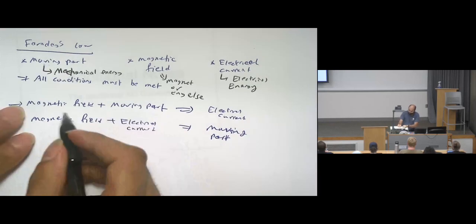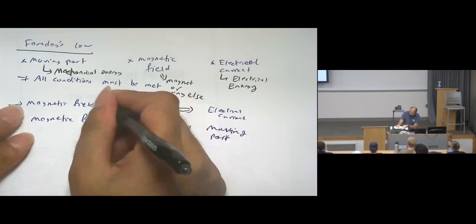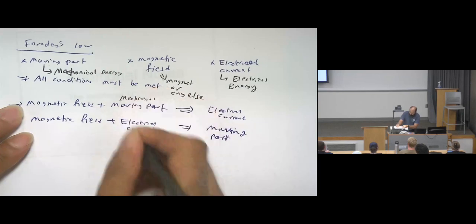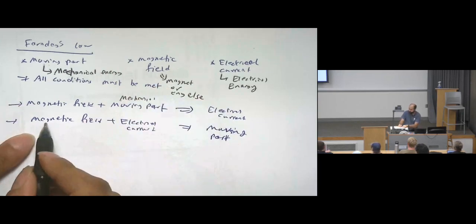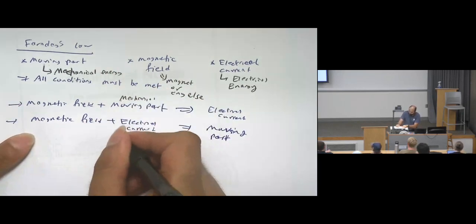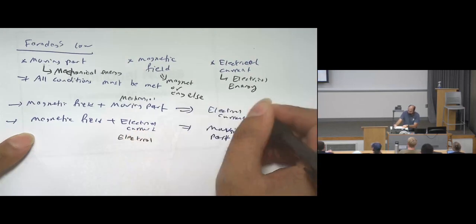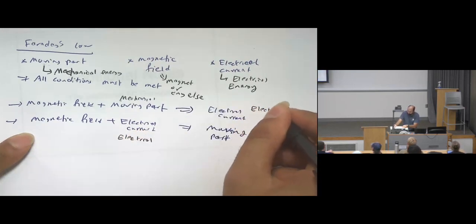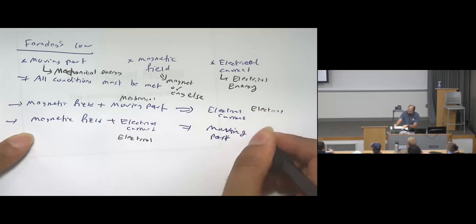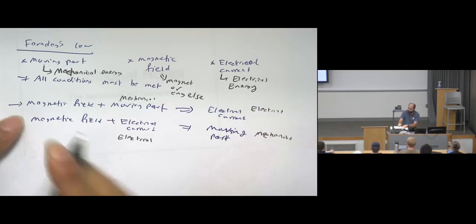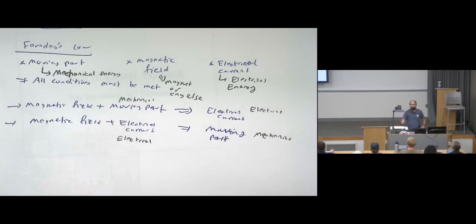In other words, whenever I have a magnetic field plus mechanical energy, this produces electrical energy. Whenever I have a magnetic field plus electrical energy, this produces mechanical energy.